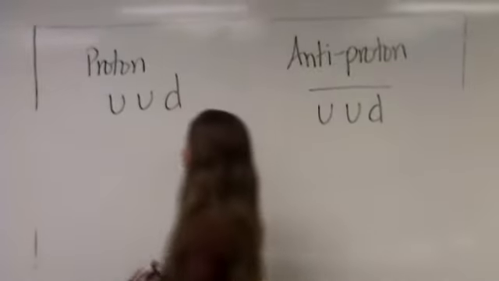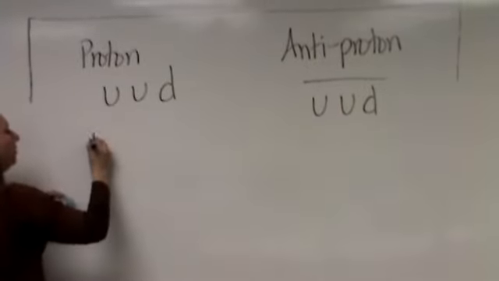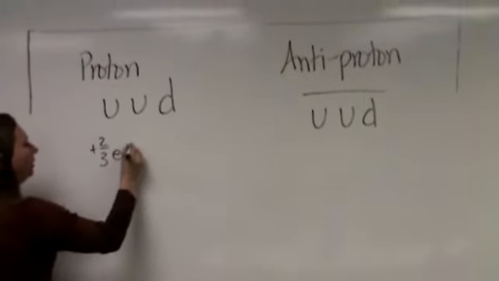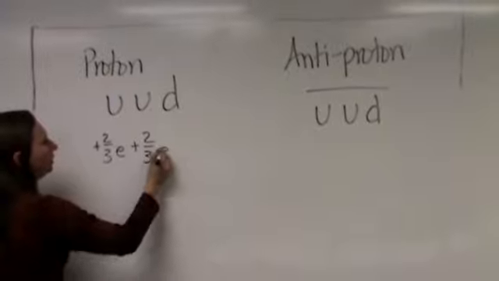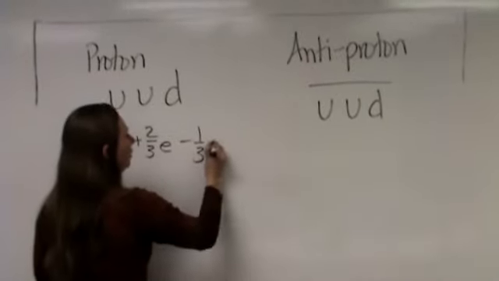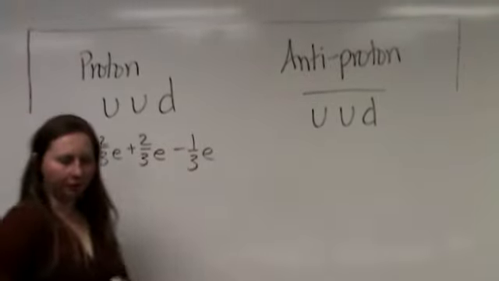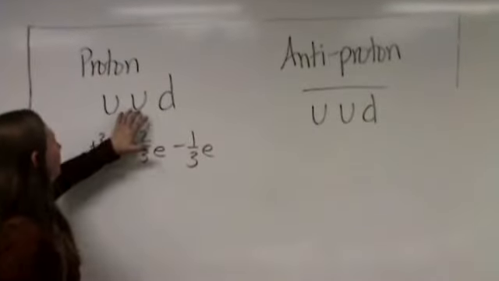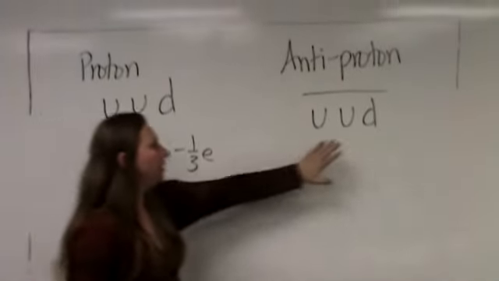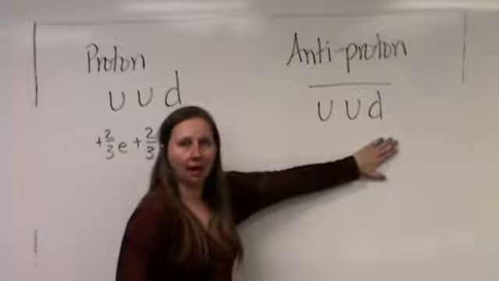Now let's add those up. This would be positive 2/3, positive 2/3, negative 1/3. Remember, we're looking all of this up. We've memorized the proton. I'm teaching you the antiproton now.